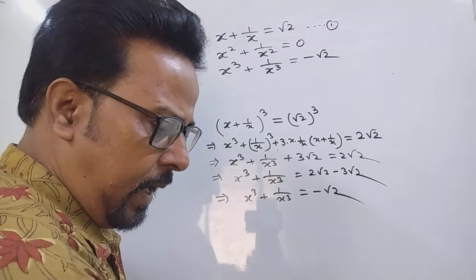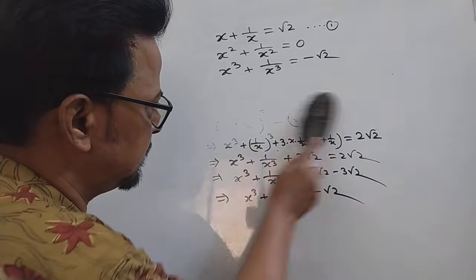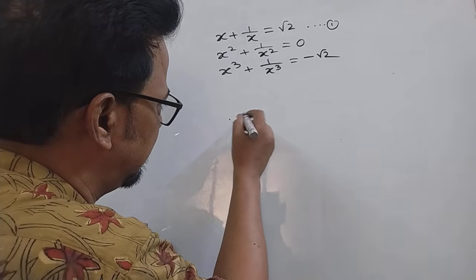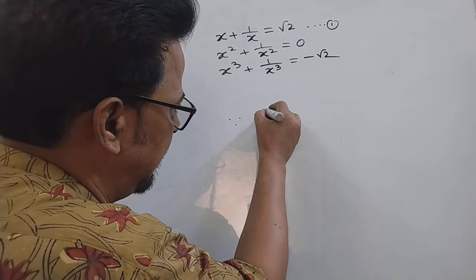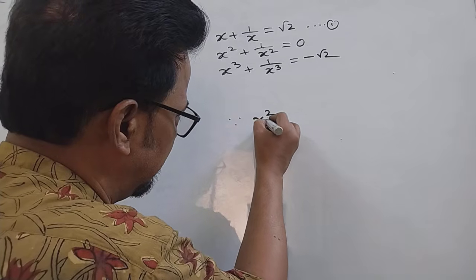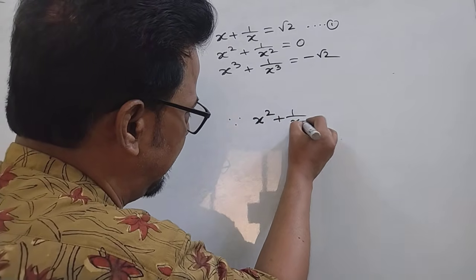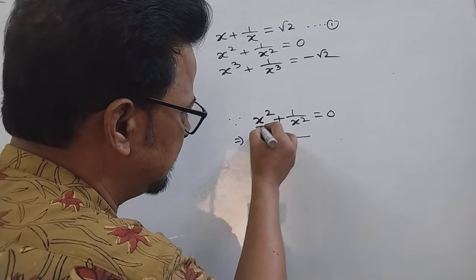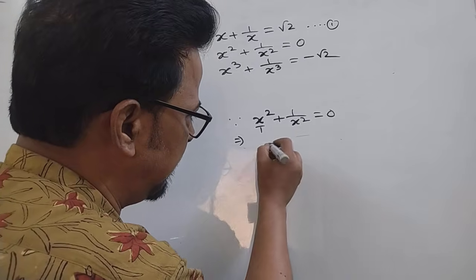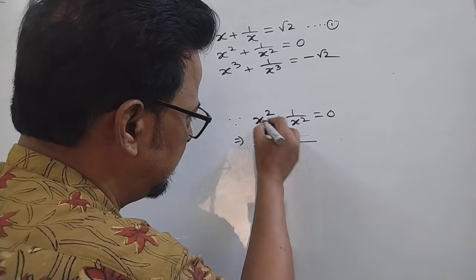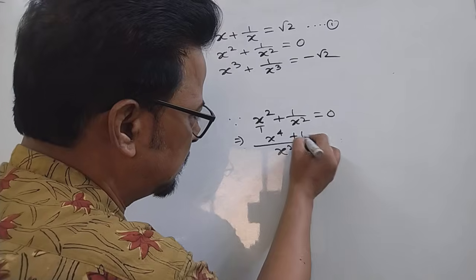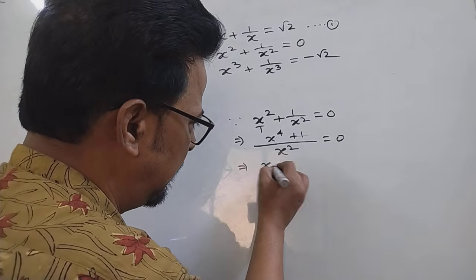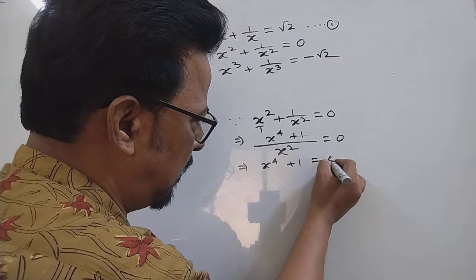Okay. Now we will simplify this. Since we already know x square plus 1 by x square equal to 0, take LCM. This is by 1, so you can take LCM as x square. This will be x to the power 4 plus 1 equal to 0.